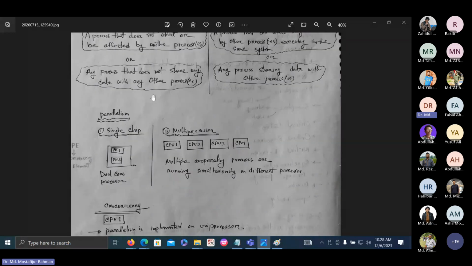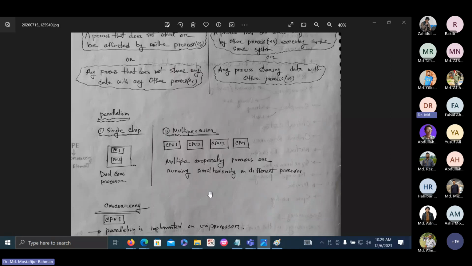So we need to understand parallelism and multiprocessors. Parallelism, we know there are two types. One is single chip, like core 1, core 2, core 3, core 4. My PC is a core 4 PC.